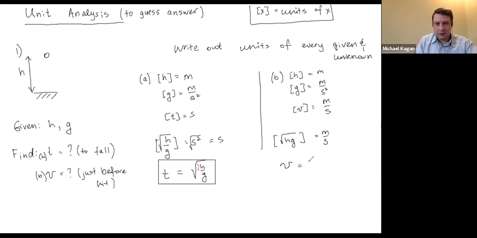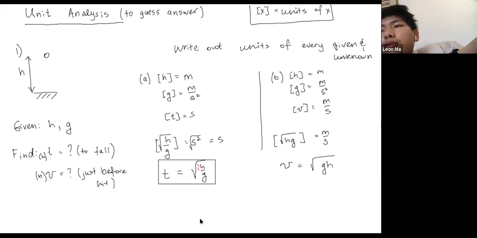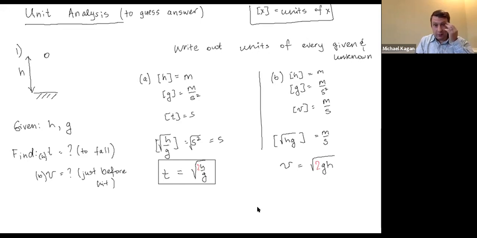So we're trying to claim that v is the root of gh. And again, you can probably tell me I'm missing something. √2. Exactly. So we were missing √2 as well. So again, we have to live with that. Unit analysis cannot get this.